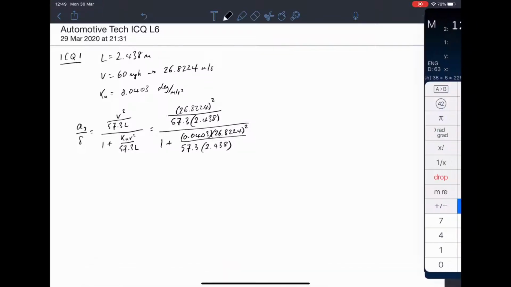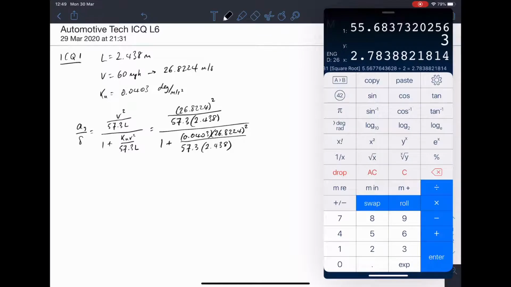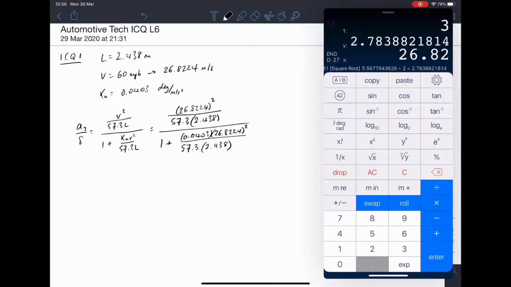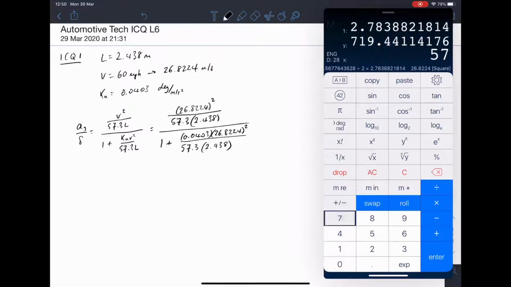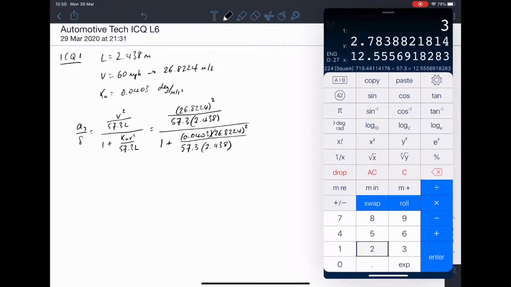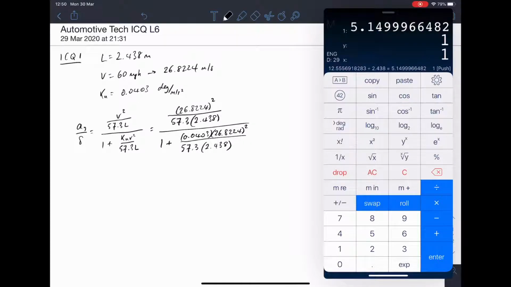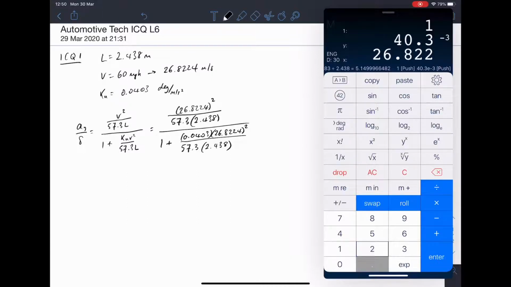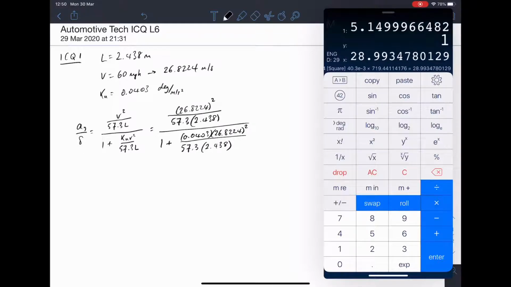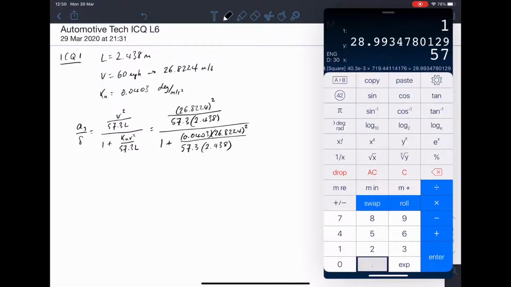So if we bring up the calculator: 26.8224 squared, divided by 57.3, divided by 2.438. Okay, that's the numerator. And on the bottom we've got 1 plus 0.0403 times 26.8224 squared divided by 57.3 times 2.438.